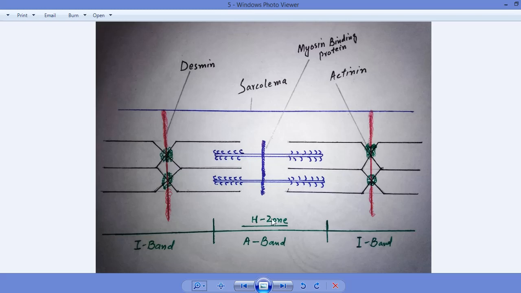The H zone is the zone shown by the myosin filament inside the A band, where there are no cross bridges, and where the passage of light is comparatively high as compared to this area. And in between the H zone there is a line that is called what? That is called the M line.